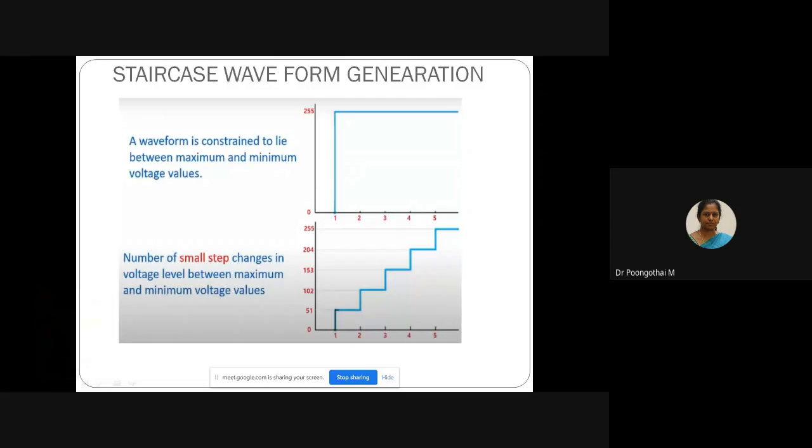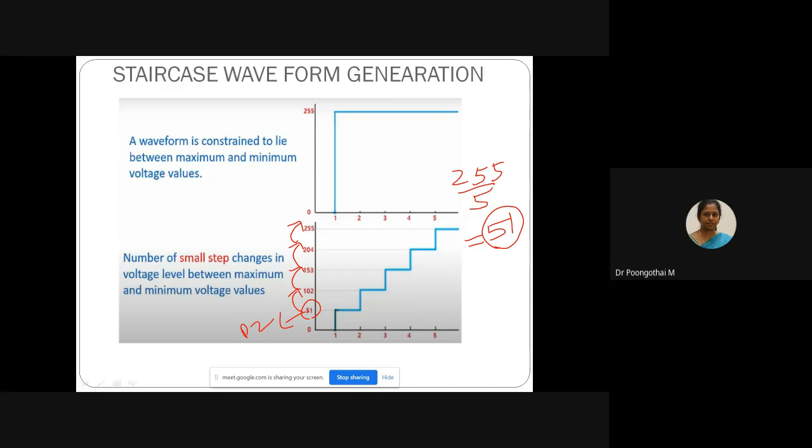So here this 255 is divided into 5. So what is the value? The value is 51. So first you have to send this 51 to your port P2. Next add 51 with 51, 102, 102 with 51, 153, then 204 and 255.